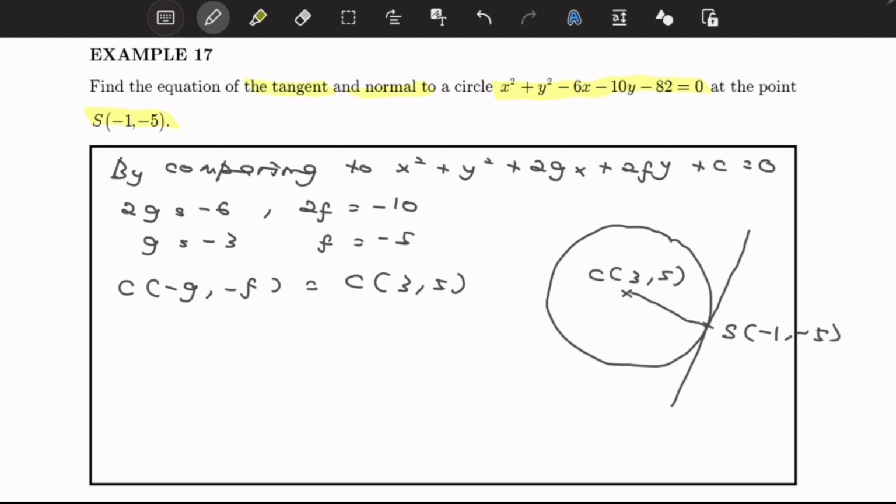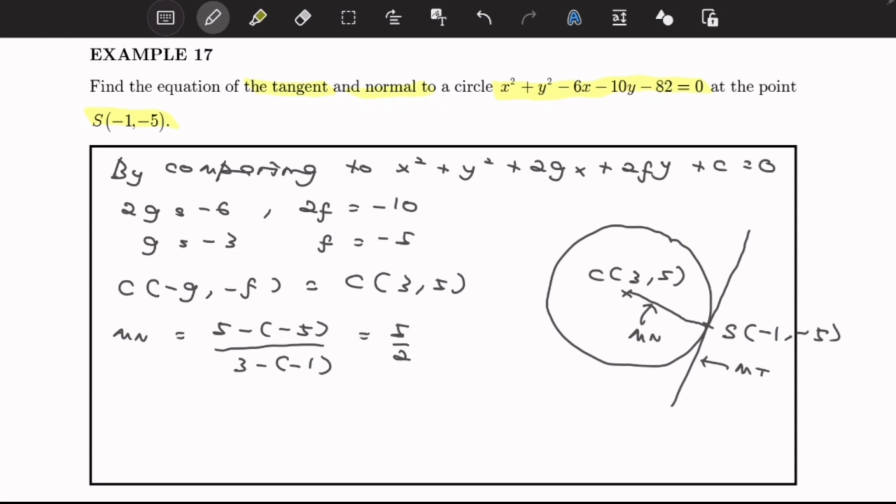Connect this. From here our plan is to get the gradient of the normal, and this one is our tangent, meaning the gradient of the tangent. I don't think we have a problem finding mn, the gradient for the normal. mn equals (y2 minus y1) over (x2 minus x1). So we get 5 over 2.